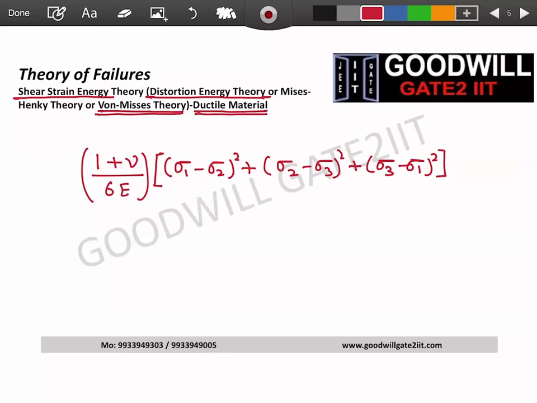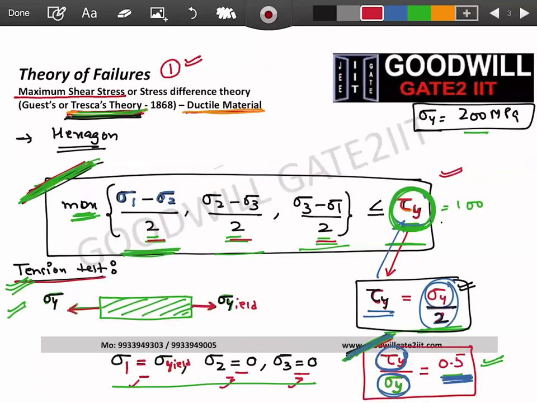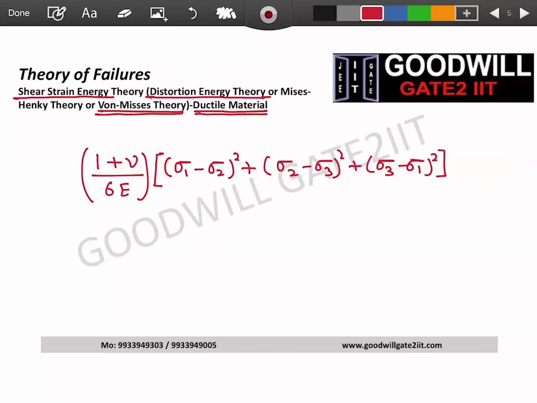So if you know your principal stresses, you can apply Tresca. If you know your principal stresses, you can apply von Mises. The expression you are seeing here is known as distortion energy. This is the energy required for any system to change its shape. All right.